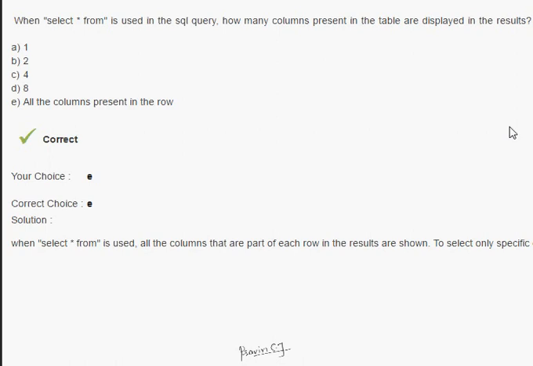If we SELECT * FROM a table name, then star represents all the columns that are part of that table. So star will give us all those columns available in the structure of that table.